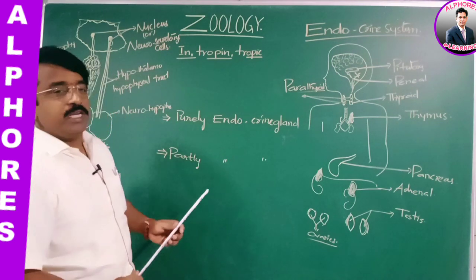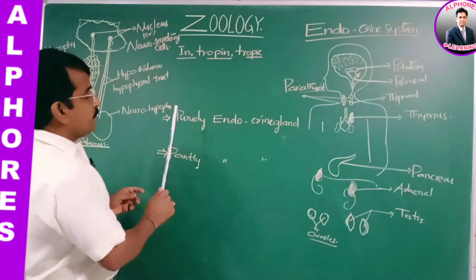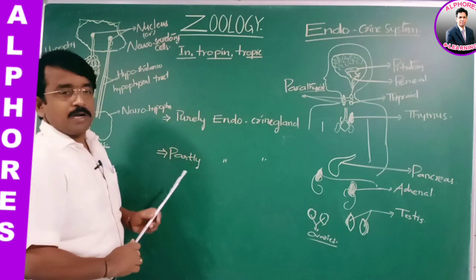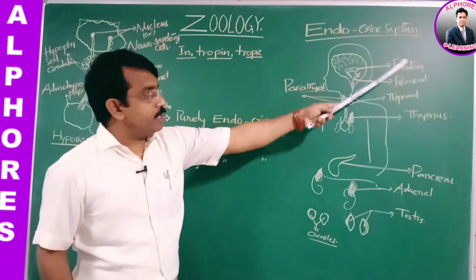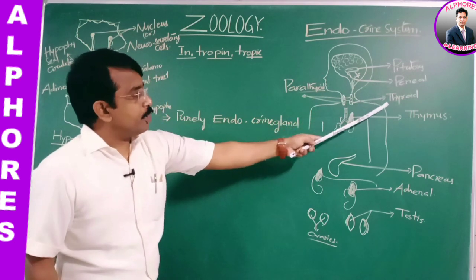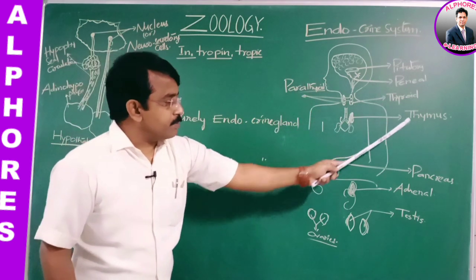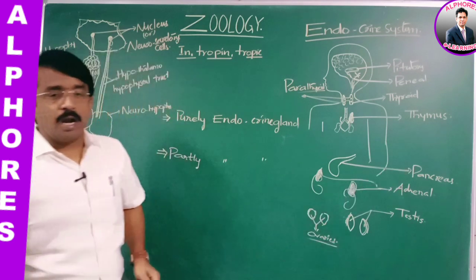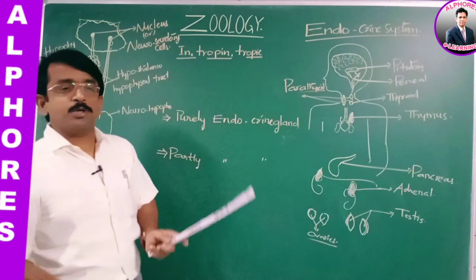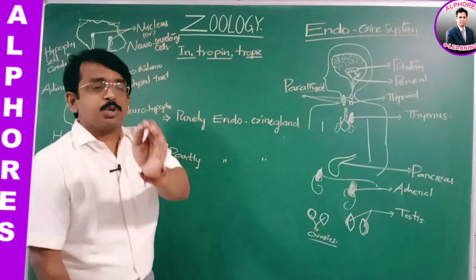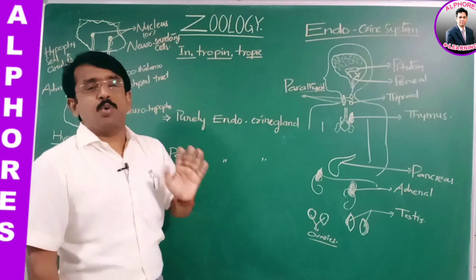I mean to say that some of the endocrine glands, that is none other than the pituitary, pineal, thyroid, parathyroid, thymus, and adrenal gland, are exclusively releasing hormones.